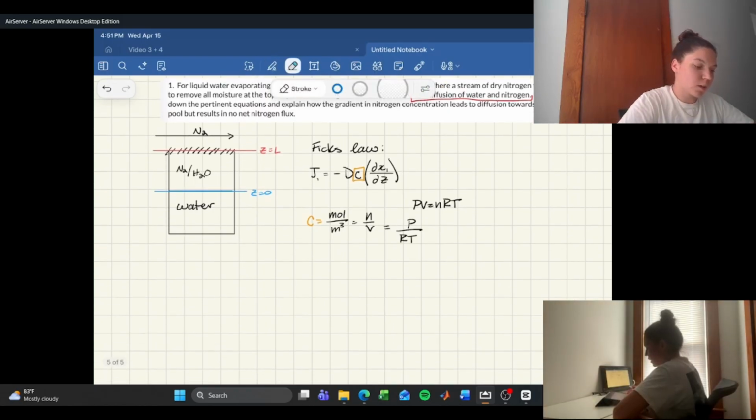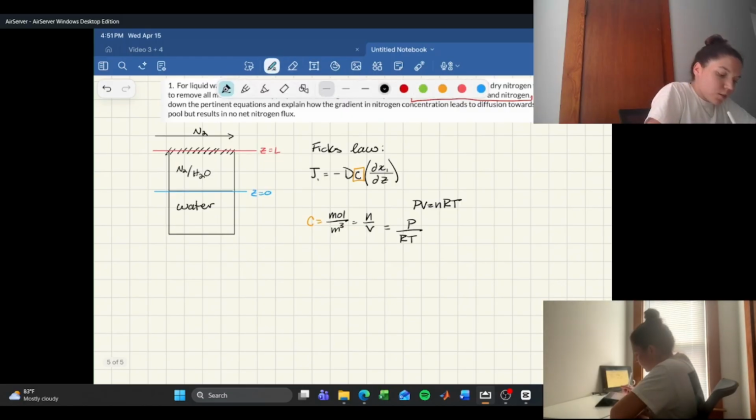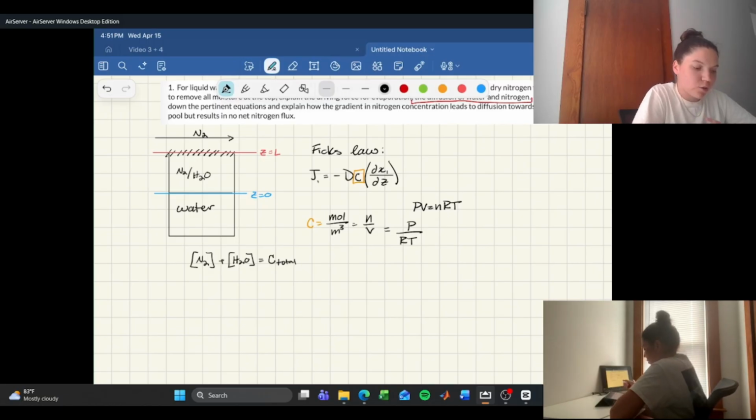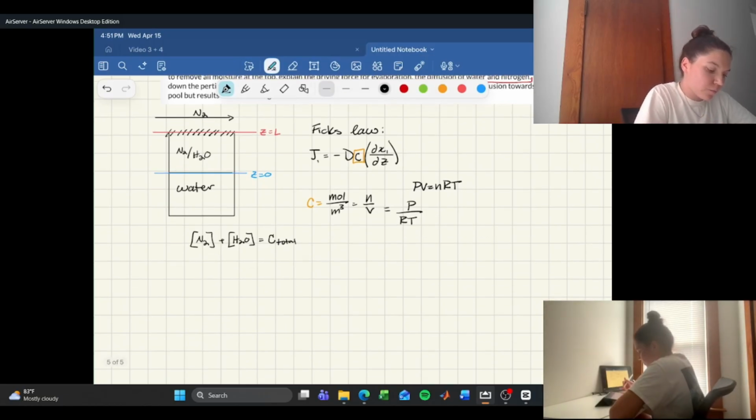So to put this all together, we have the concentration of nitrogen plus the concentration of water is going to be equal to the total concentration, because those are the only two components that we're looking at in this example.